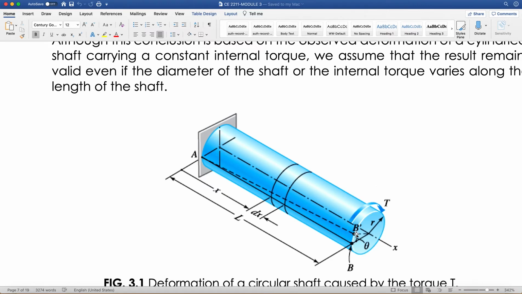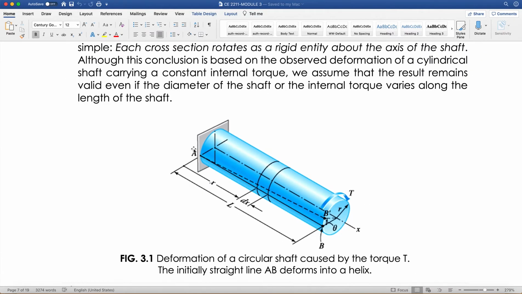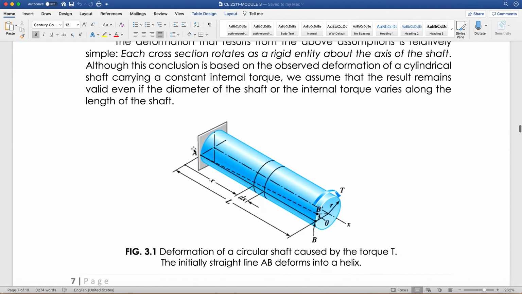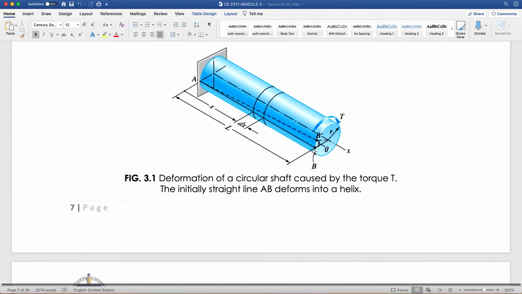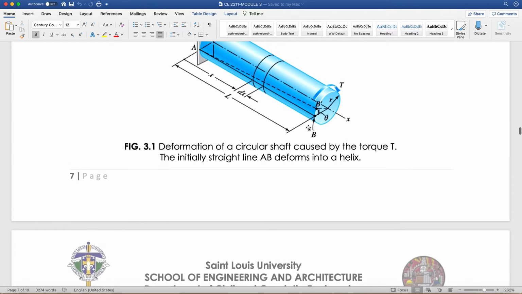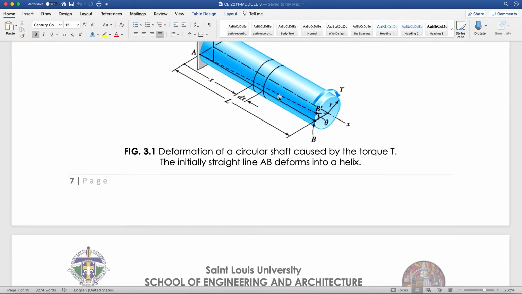We are curious about this part, because on the fixed end, no rotation happened. We are interested in the deformation on this portion. But of course, it is a straight line because it is linear when caused by torque, for this example.